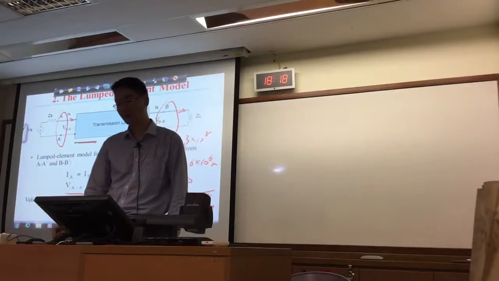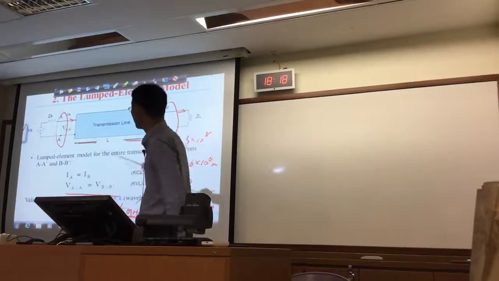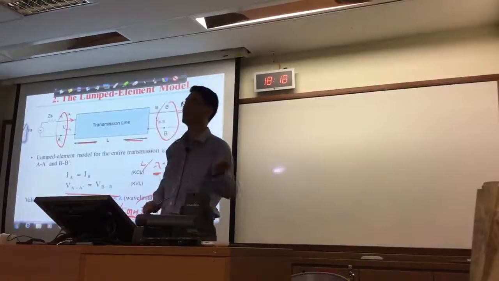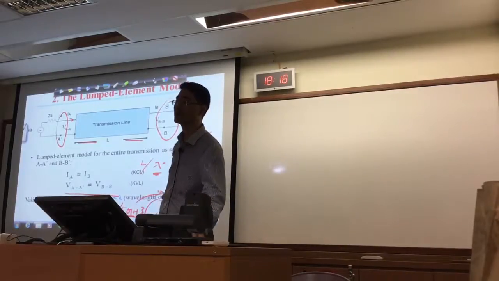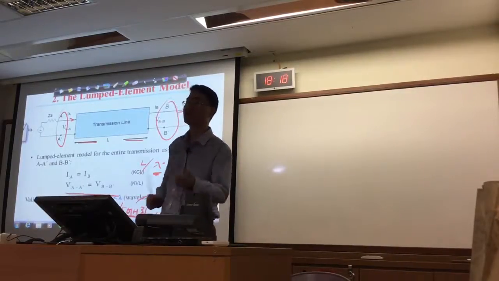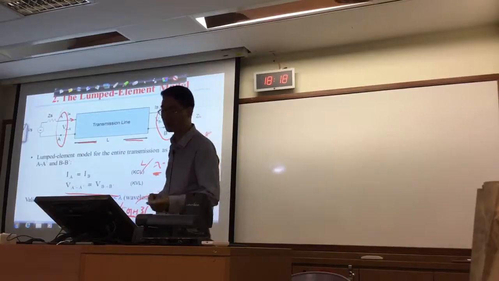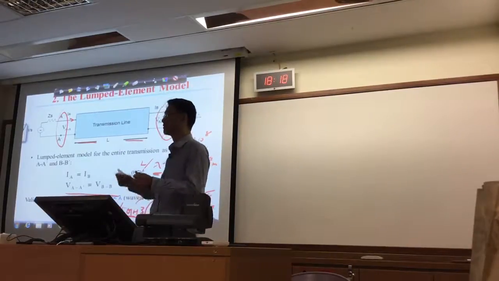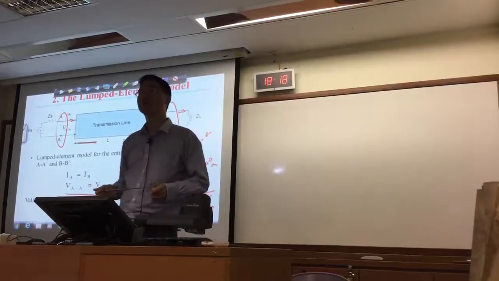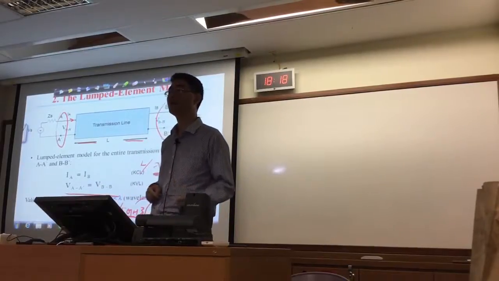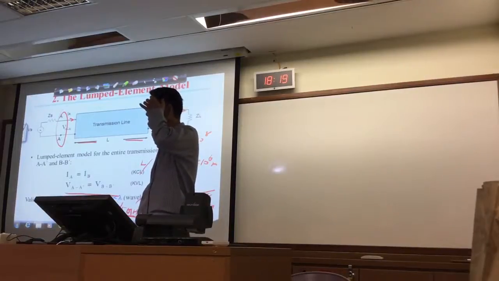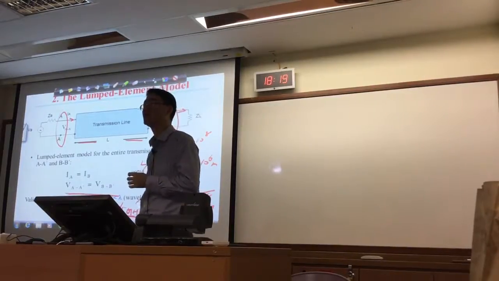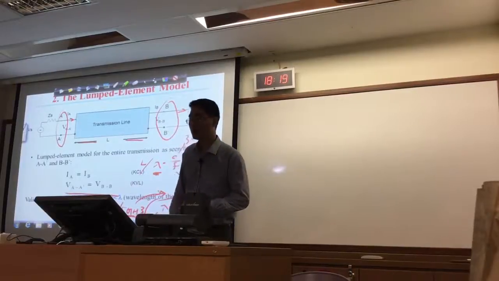Then a physical length, for instance half a meter or 1 meter, is comparable with the wavelength. For instance, this is 30 millimeter, then it is half wavelength, and 15 millimeter is quarter wavelength.